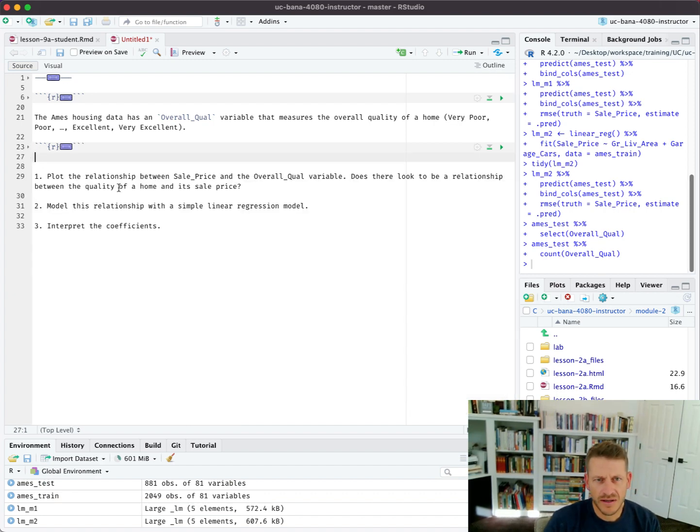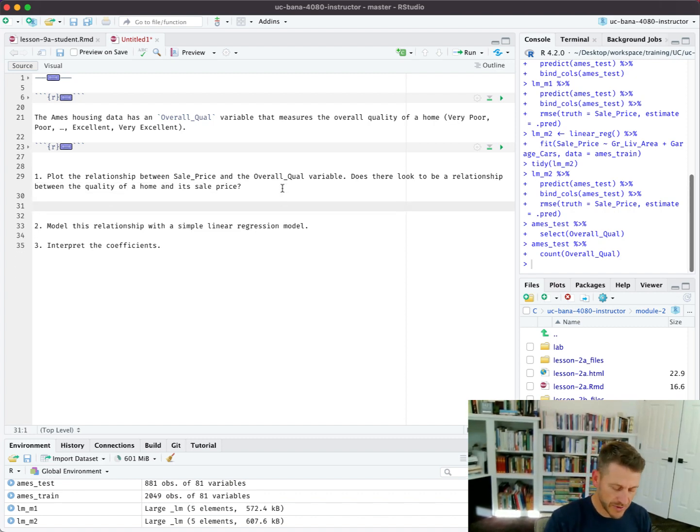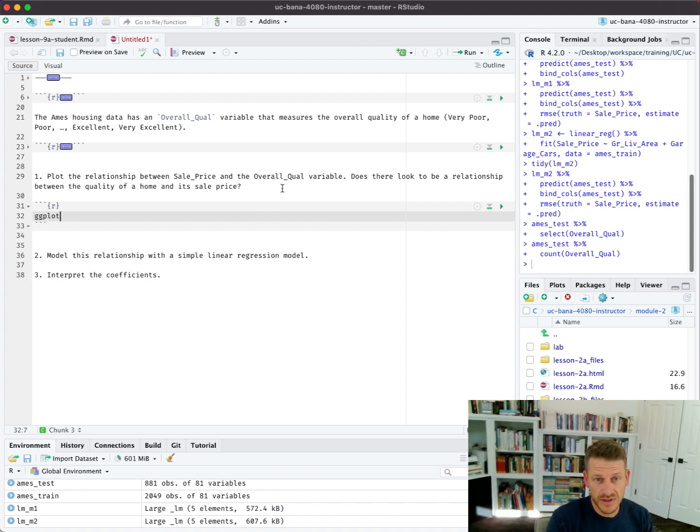Number 1 said, plot the relationship between sale price and the overall qual variable. Does there look to be a relationship between these two variables? Let's do that. We can use ggplot. I'm going to look at the training data, Ames. On the X variable, I'm going to do overall qual.